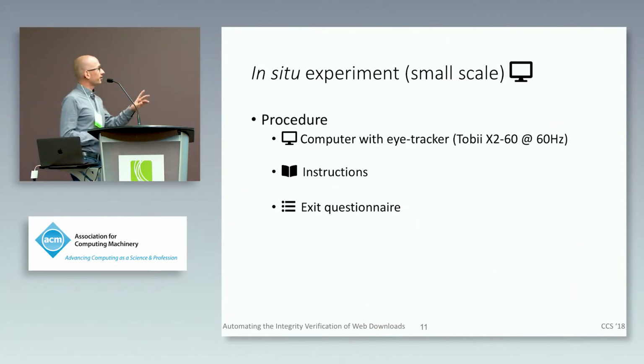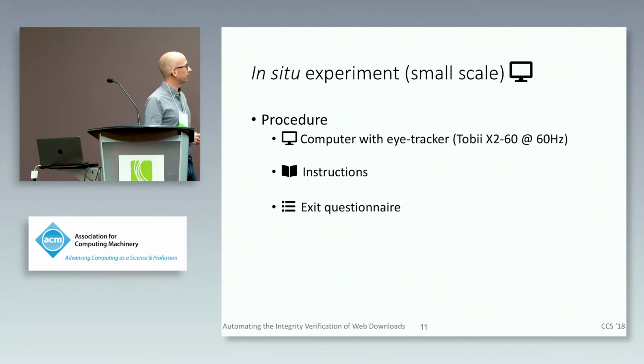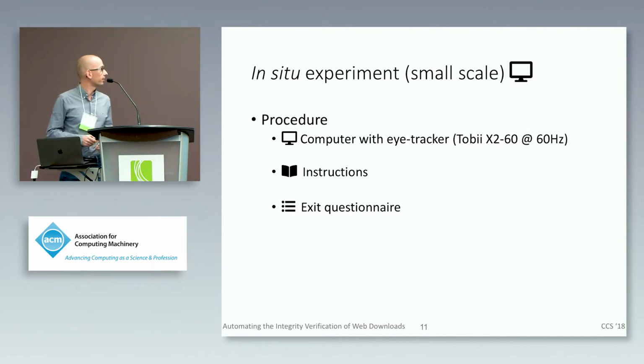So the procedure was as follows in this experiment. To remind you, the goal was to assess the usability of checksums. So we had a computer equipped with an eye tracker. I'm going to give details on that. The user was supposed to use them. They had a leaflet with the instructions, the steps that they were supposed to follow in this experiment. And at the end, we had an exit questionnaire.